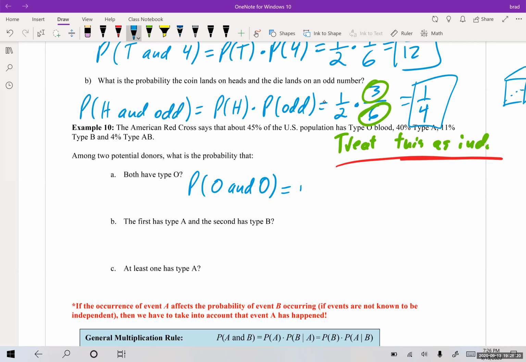So this is going to be the probability of O times the probability of O. The probability that someone in the US population has type O is 45%, so I'm going to do 0.45 times 0.45. Let me see what we get on our calculator.